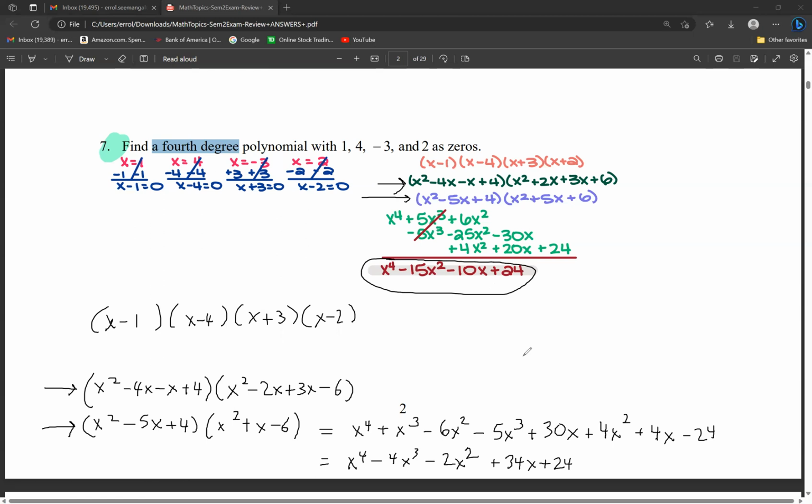What are they doing there? x⁴ plus 5x³ plus 6x squared. Where is that coming from? Oh, okay, they wrote it all in. Okay, so I get it.